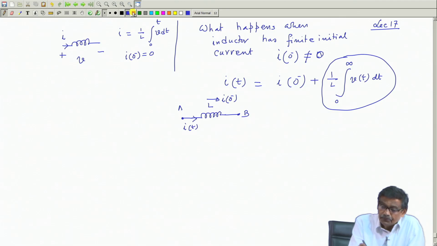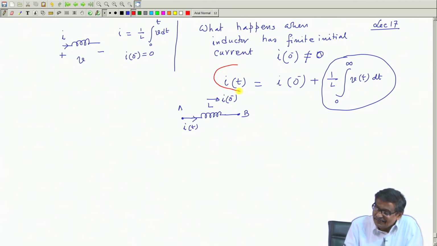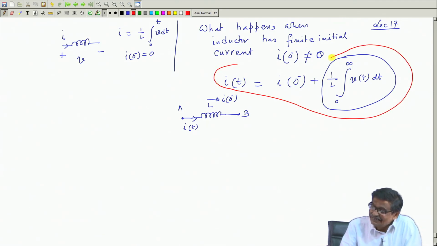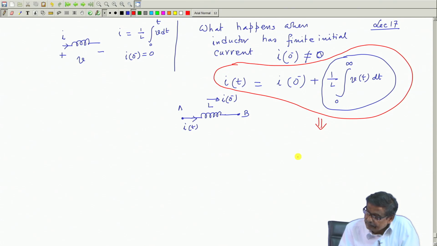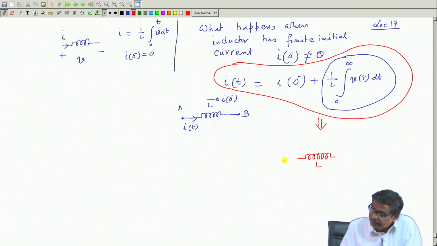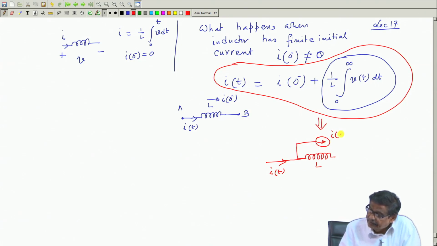Now, from this equation, I can say this inductor L without any initial current, and this is i(t), and here is a current source i(0 minus).